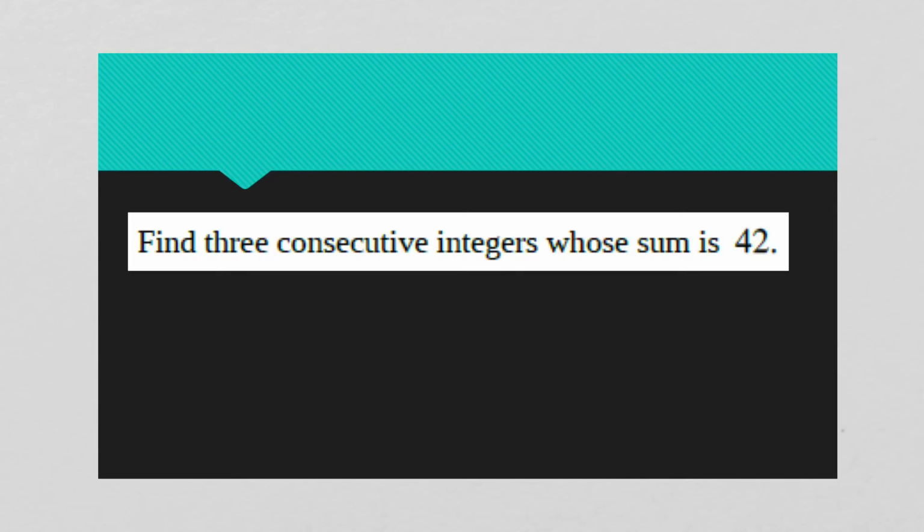This one says 3 consecutive integers whose sum is 42. So my first integer is going to be x. My next integer, I need to add 1 to it to get to my second. Now, keep in mind, everything is in relation to x.